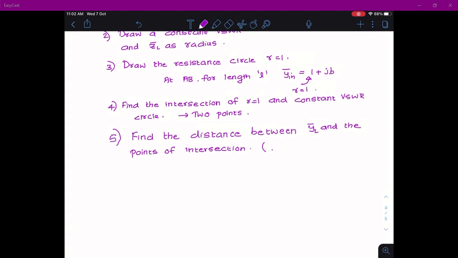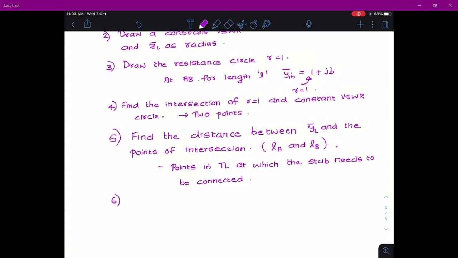We labeled them as LA and LB, so we will have two different points. These are the points in the transmission line at which the stub needs to be connected.